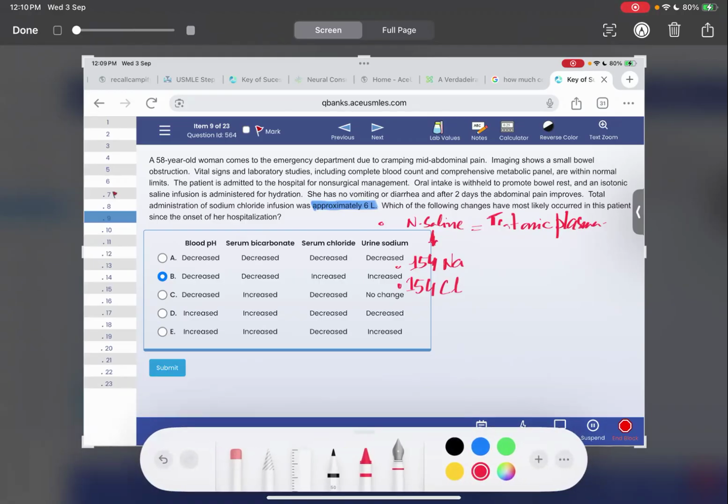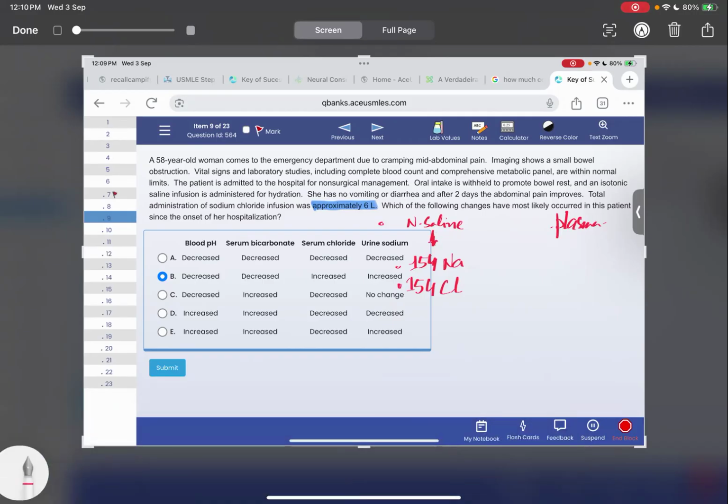This is the composition of normal saline, and it is isotonic to plasma, but what do we have in plasma? Sodium is 140, and chloride is 100.